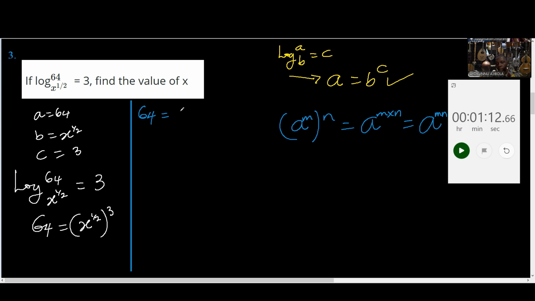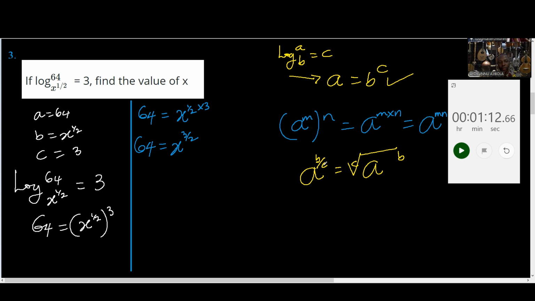Now we have 64 equal to x raised to half times 3, and half times 3 is 3 over 2. There is another law that says that if you have a number raised to power a number over a number, this is going to be the c-th root of a raised to power b.